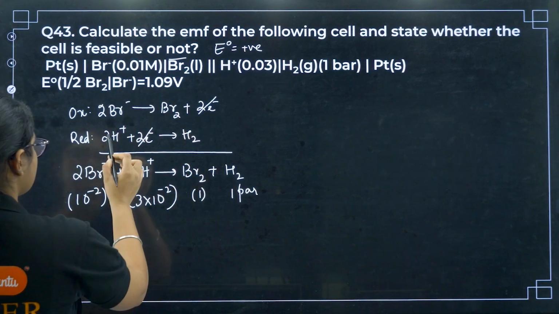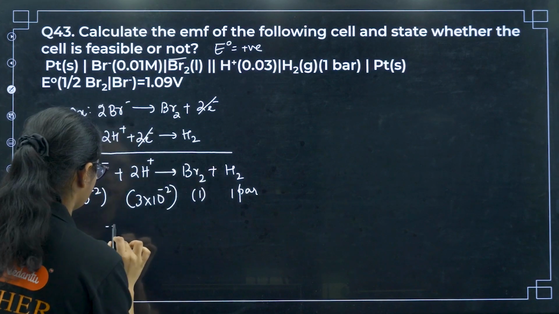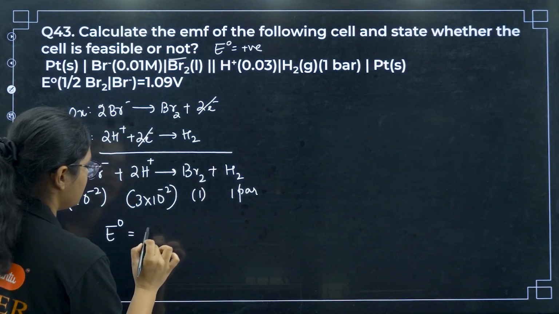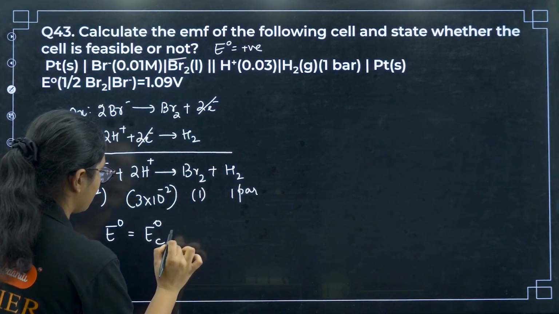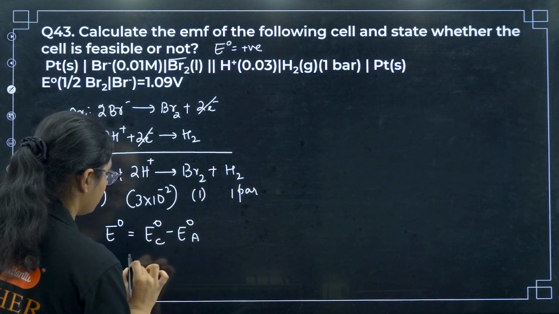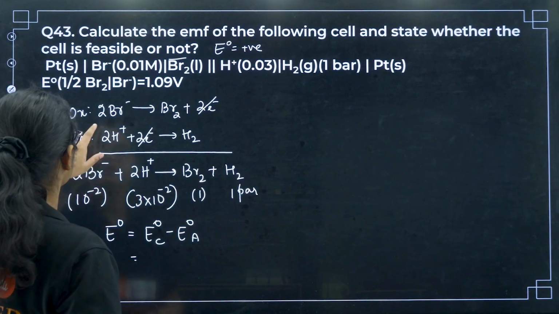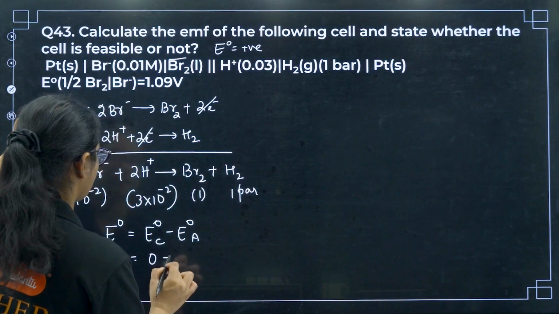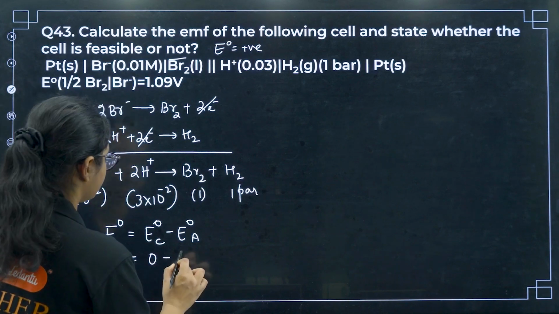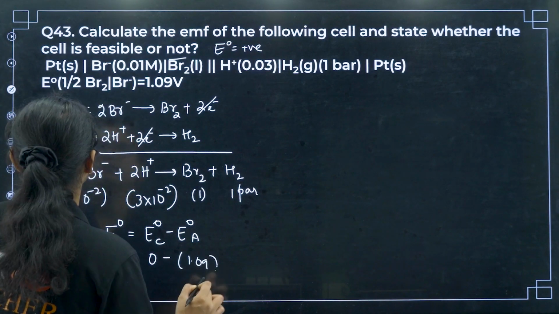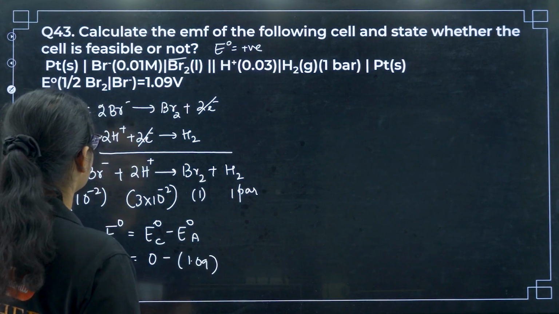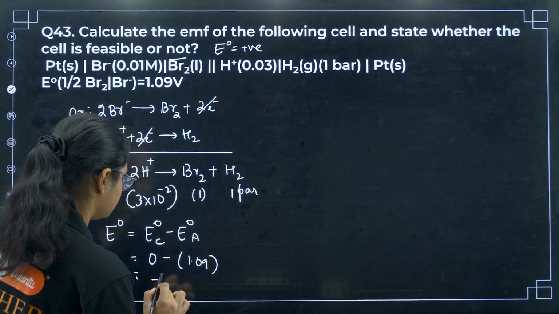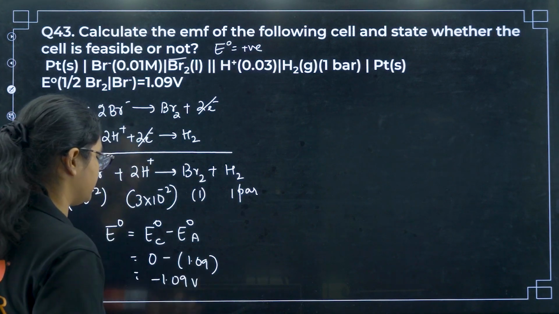E naught value will be E naught of cathode minus E naught of anode, right? H plus is the cathode, so 0 minus anode, which is 1.09 volt. So I will get minus 1.09 volt as the E naught value.